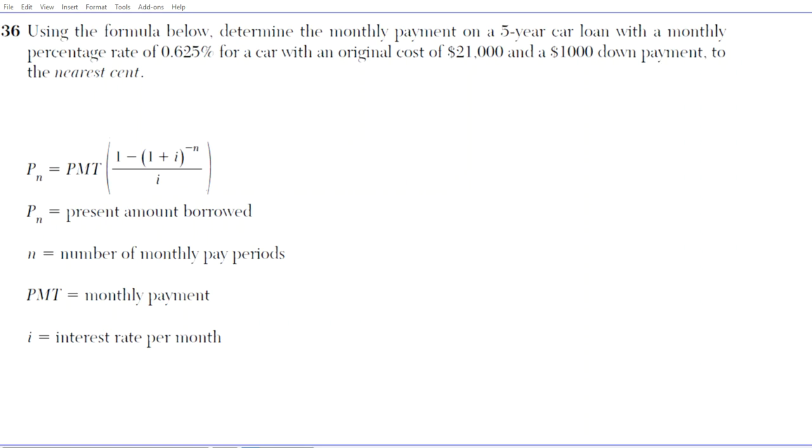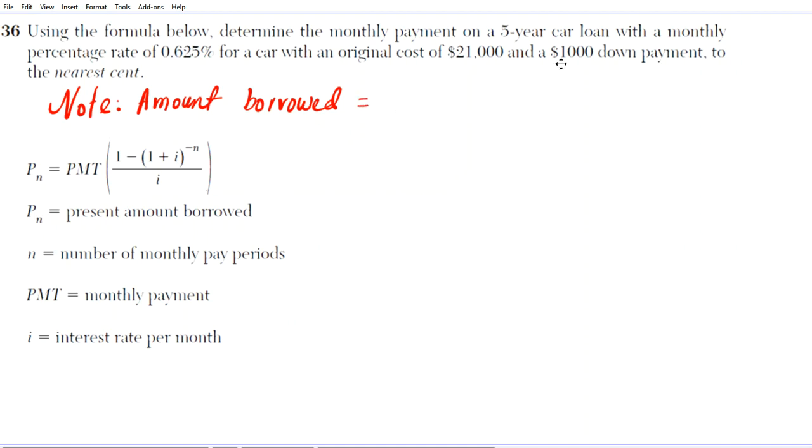Okay, so before we solve this, something to keep in mind when you're buying a car: there's the original cost, there is the amount borrowed, and there is the down payment. Something to note, it's not clearly stated in this problem, is that the amount borrowed is not always the original cost of the car.